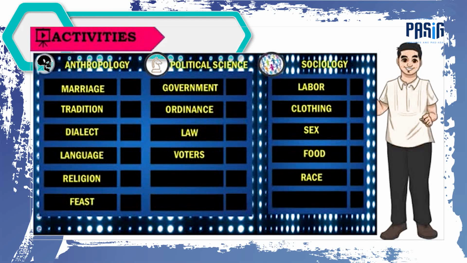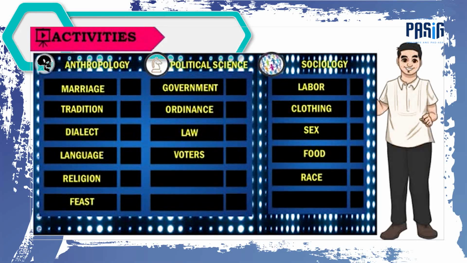While in political science, words such as government, ordinance, law, and voters somehow have connections with political science, while sociology has labor, clothing, sex, food, and race.